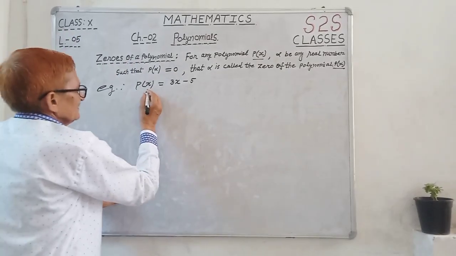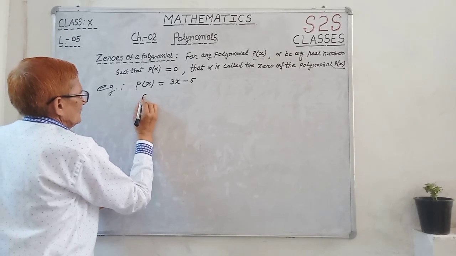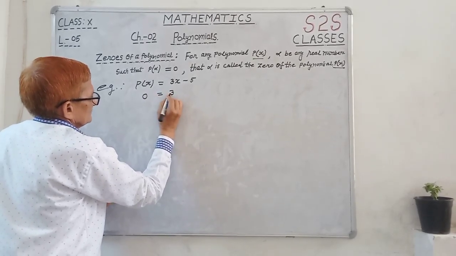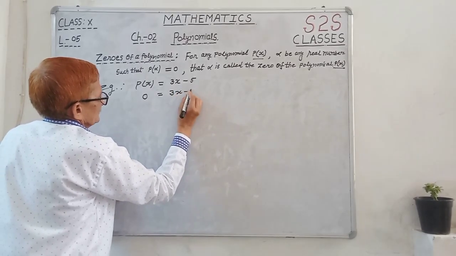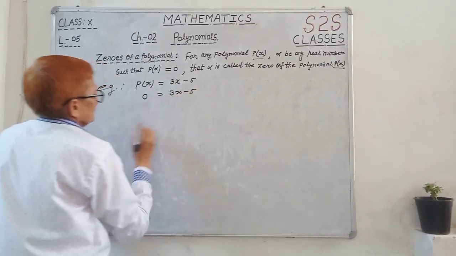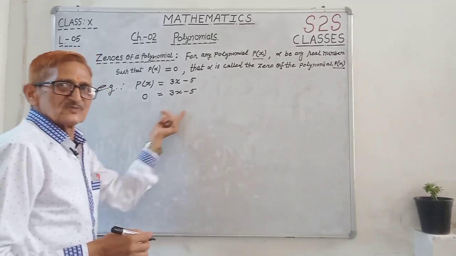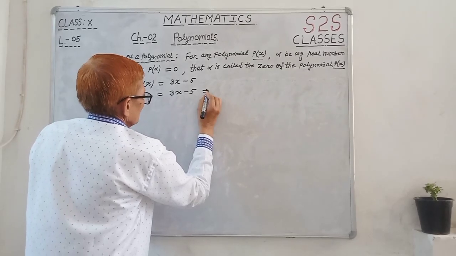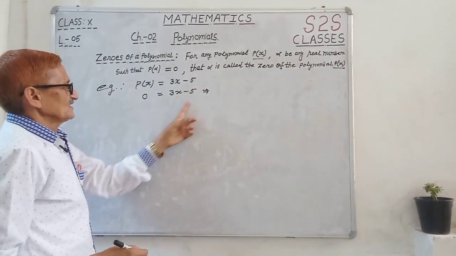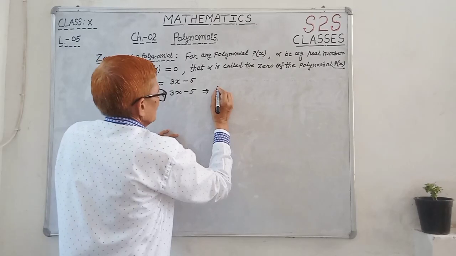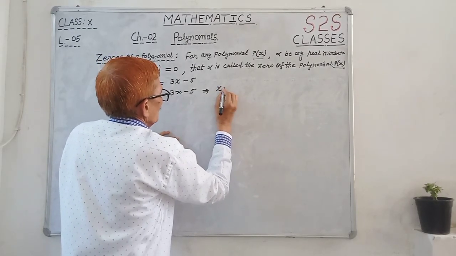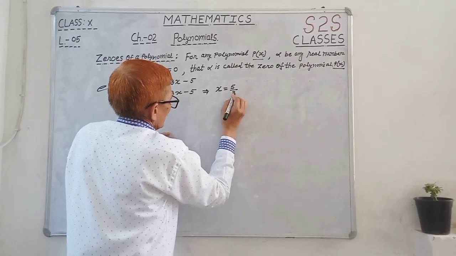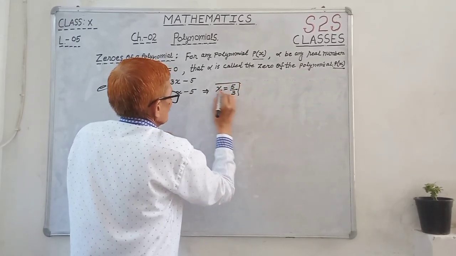So p(x) is 0 for which value of x? This polynomial is 3x minus 5. Put this equal to 0 and find x. So this implies 3x minus 5 equals 0. Then minus 5 will come to the 0 side as plus 5. Then x is equal to 5 upon 3. Clear? So this is the zero.